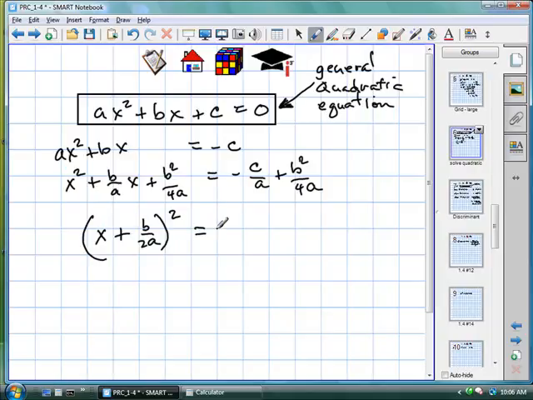And on the right side, let's get a common denominator so we can bring these two fractions together. What would be the LCD for a and 4a? 4a, right? So what am I missing in the first one, a 4?